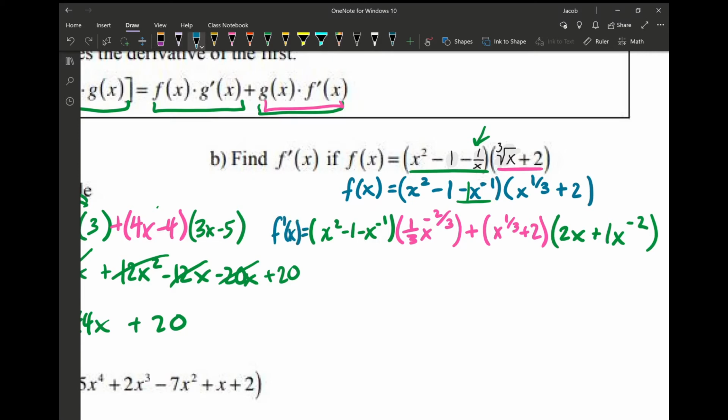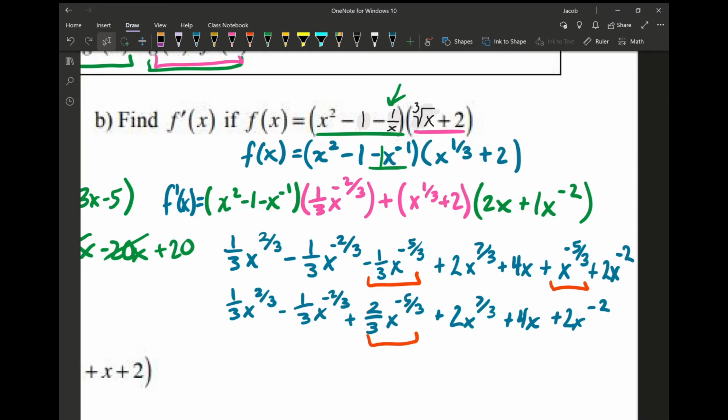Simplifying is going to be a little bit of a trick, because when we multiply and distribute this 1/3 x to the negative 2/3 out to the rest of these functions, then we're going to add the exponents and multiply the coefficients. So I'm going to do that real quick and see if you get what I do. So there we go.